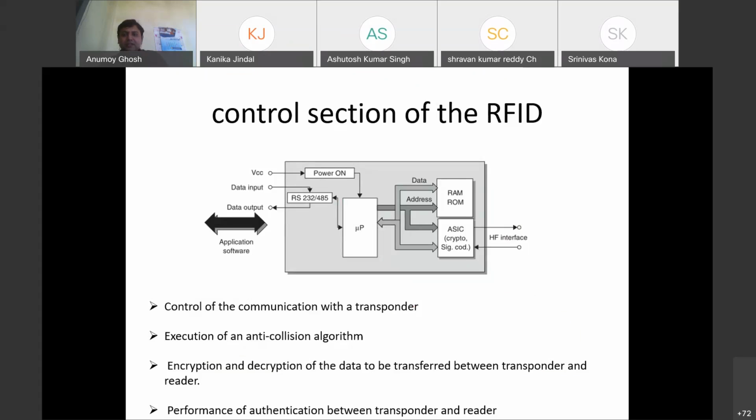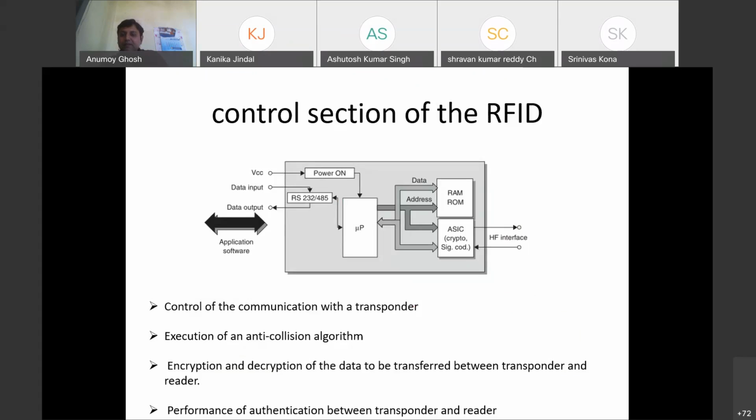This is the control section of the RFID. So what does it do? The data is input to an RS-232 port, and from there it goes to the microprocessor. The microprocessor has a programming which sends the data to the cryptography part. Accordingly, the signal will be encrypted, and then it is sent to the RAM-ROM part. Okay.